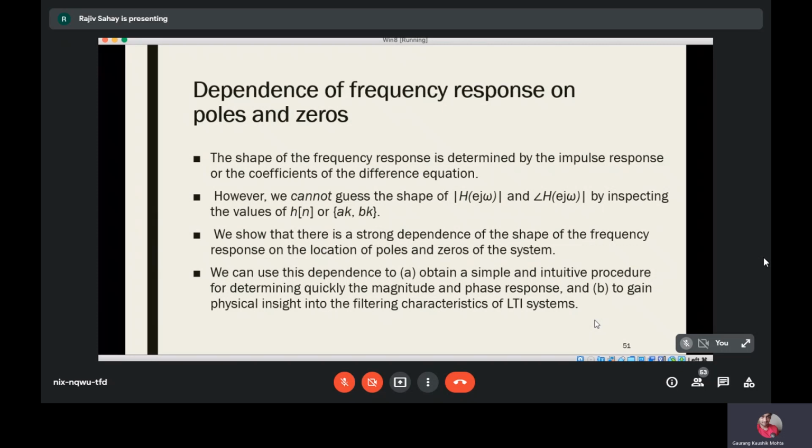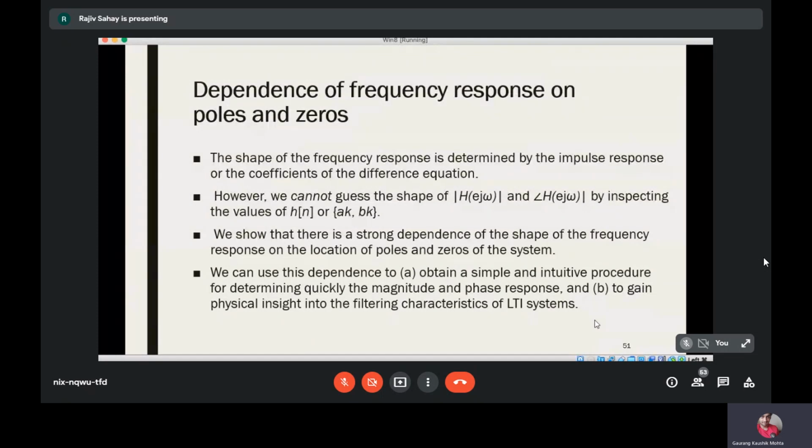So there are various kinds of filters that we can make. We can make a notch filter, which will remove one particular frequency. We can create a comb filter, which will remove a set of frequencies from the magnitude response. We can vary the gain of the filter the way we want, so that we can achieve a certain kind of output.